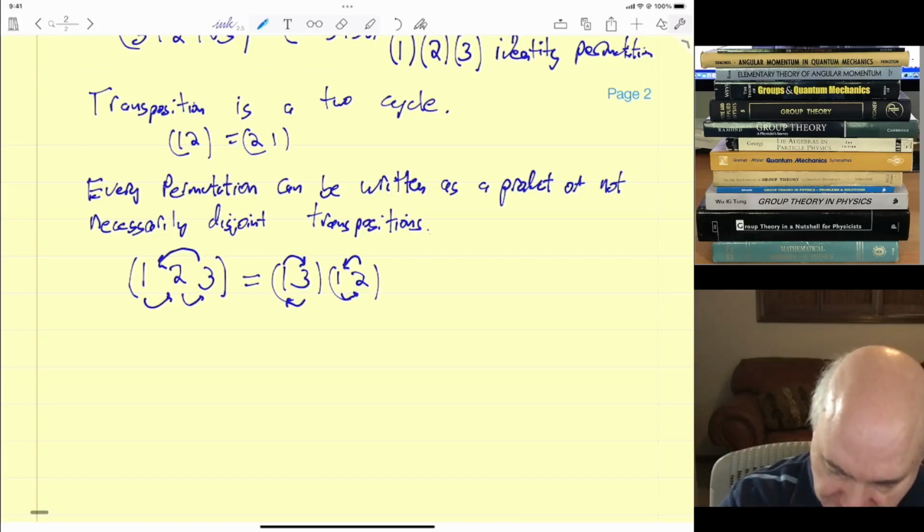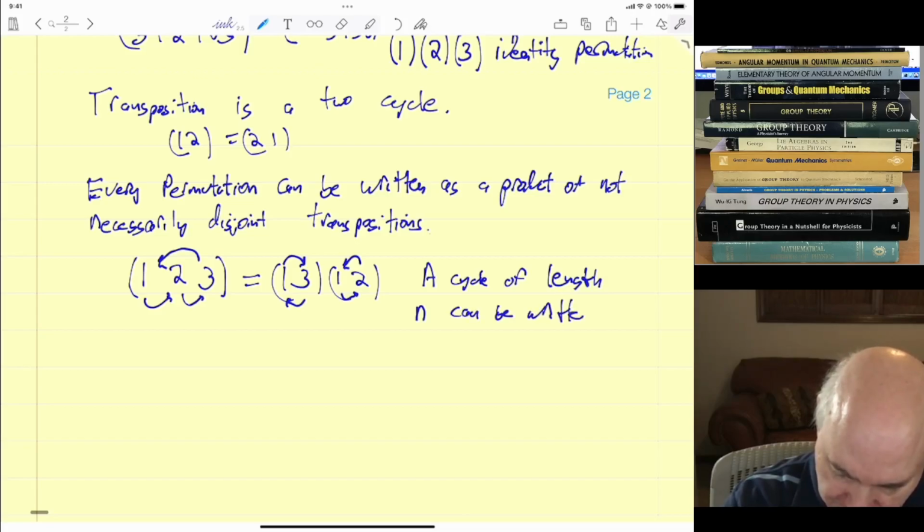And a cycle of length n can be written as a product of transpositions, let's call them 2 cycles.